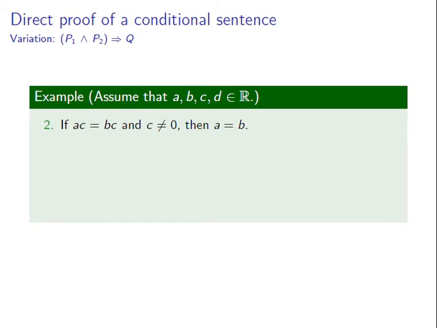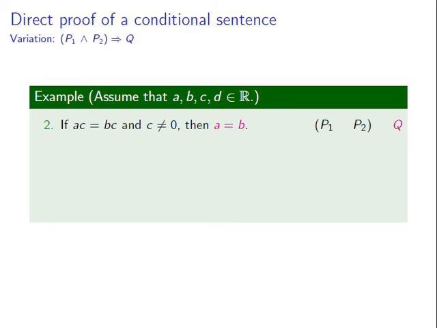For example, consider the claim: if A times C equals B times C and C is not equal to 0, then A equals B. Let P1 be the statement AC equals BC and P2 be the statement C is not equal to 0.